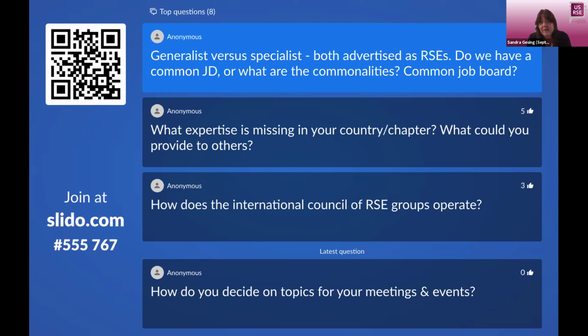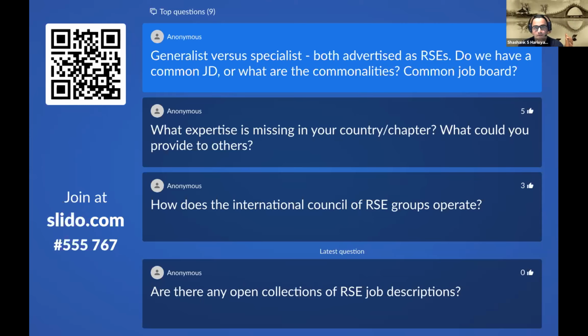But the landscape with universities and national labs, for example, is different between the US and Europe and Australia and New Zealand. So I think we can support each other, and we could have a job board together. I can see that for people who are interested in maybe switching continent, but there are still differences in the landscape for RSEs in the different countries. Marion?